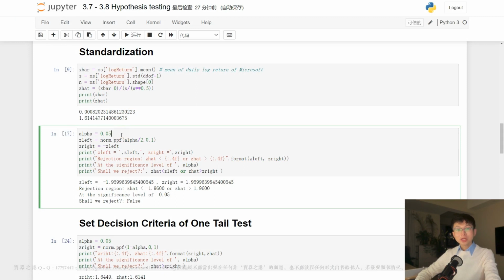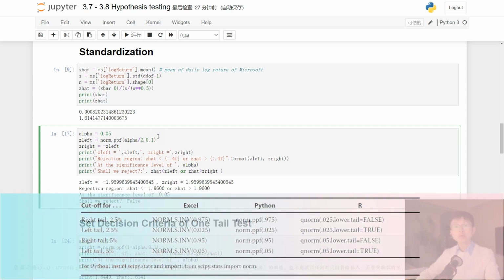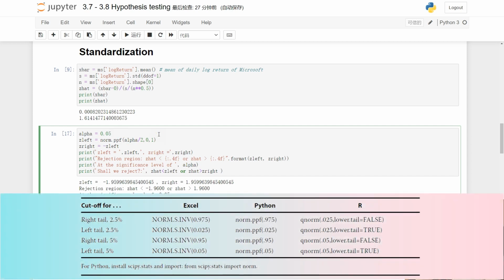To find the critical values for the z-distribution, we can use the norm PPF function in Python, which calculates the inverse of the cumulative distribution function for a given probability.